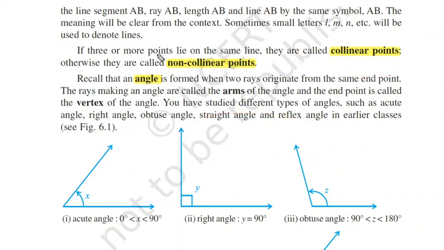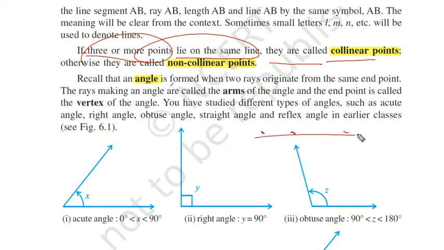We have to take at least 3 points, because if you take 2 points, they will definitely fall on a line. Therefore, if 3 or more points lie on the same line, they are called collinear points. If they are not falling on the same line, then they will be called non-collinear points.